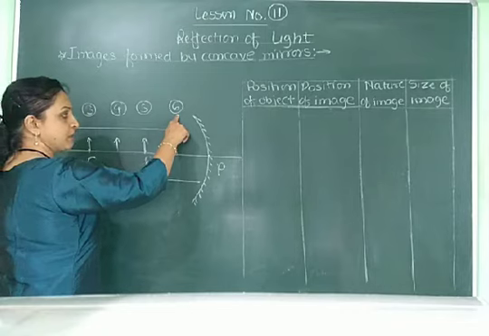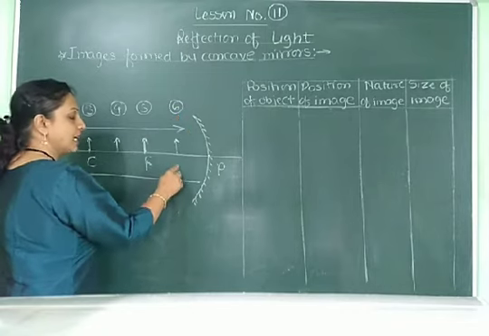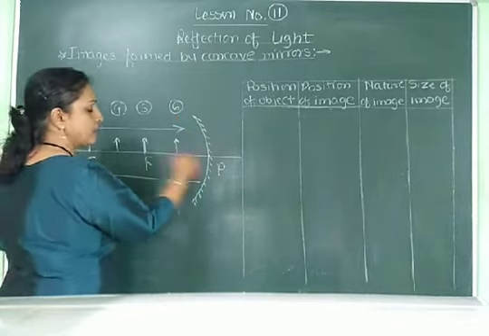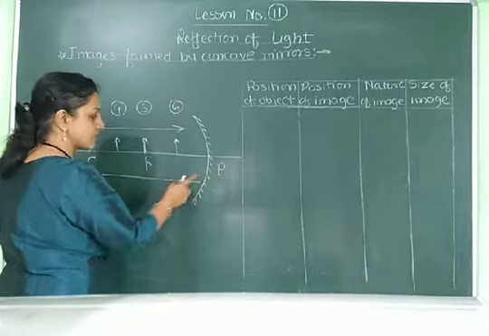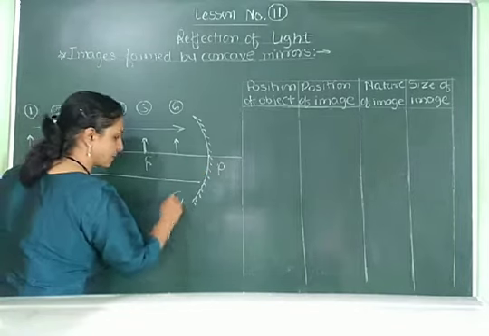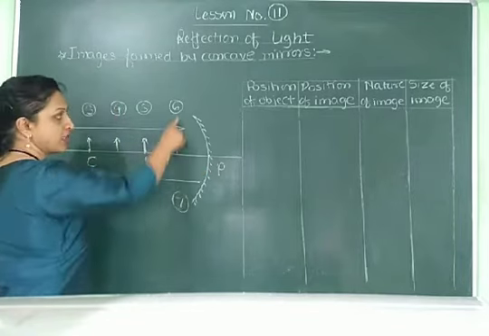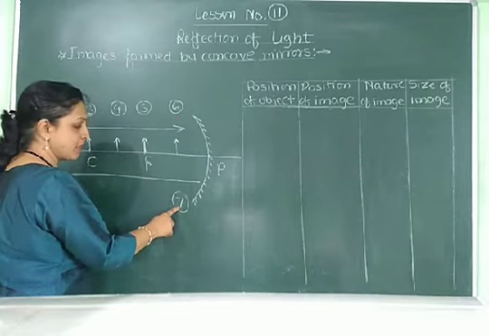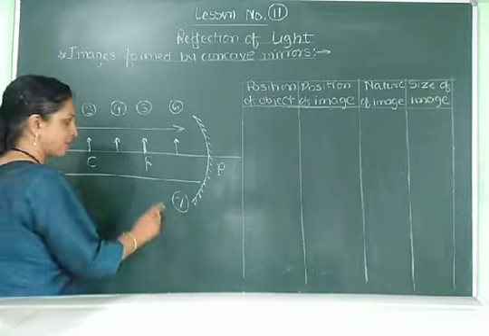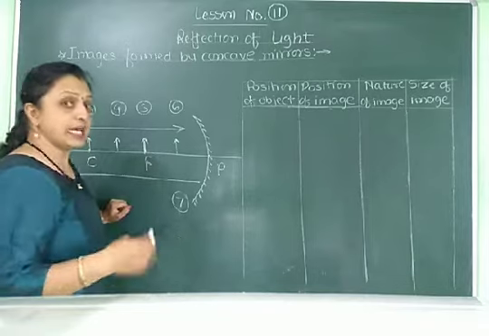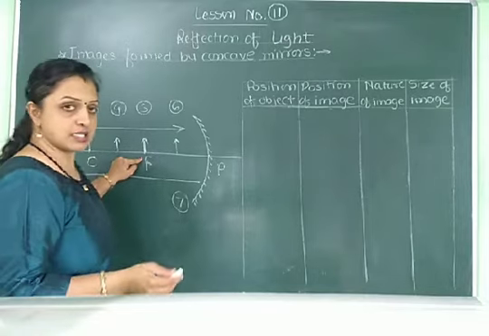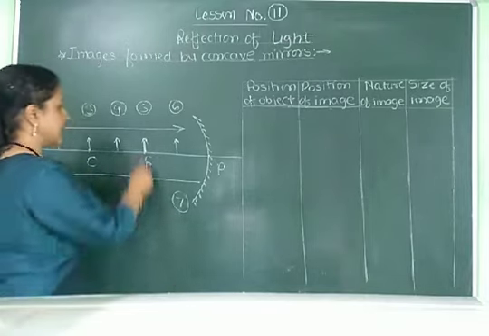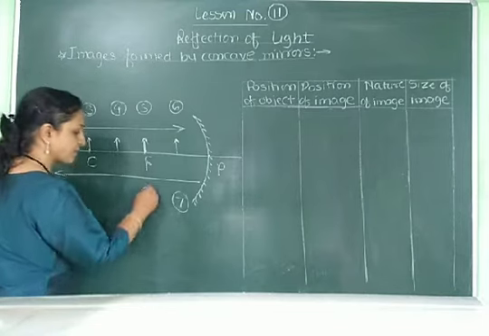So this is position number 6. Then after that, if we get the image within the focus, then that is position number 7. Corresponding to position number 6, this is position number 7 of the image. Remember. Suppose if we get the image at the focus, then that is position number 8.